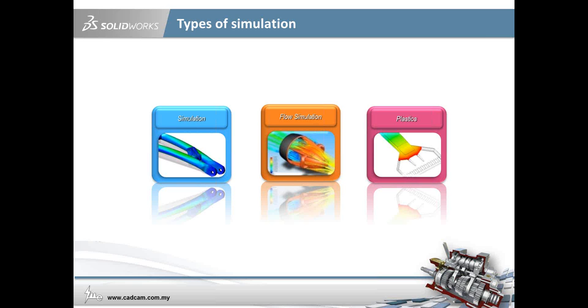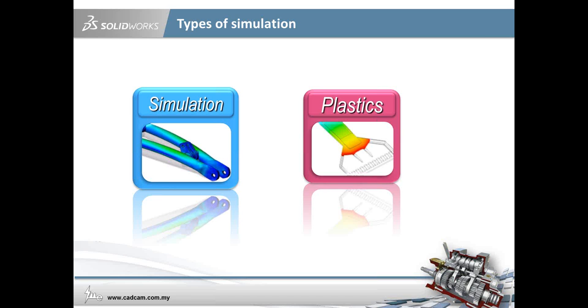And last but not least, widely used, plastic injection simulation. We understand that plastic parts are getting more and more common. So in today's sharing, I will start by covering SolidWorks Simulation, which is the finite element analysis, FEA, and the plastic injection simulation.